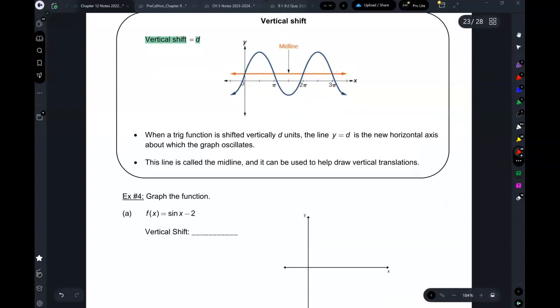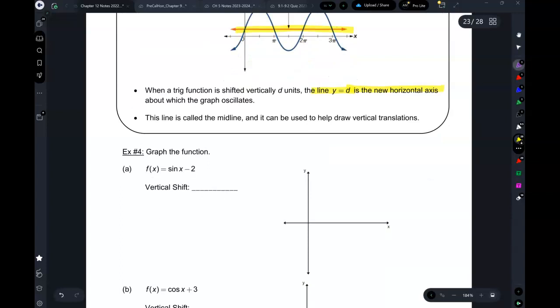So, when you have a vertical shift, the line y equals d becomes the new horizontal axis, right? There is a new axis of oscillation. This is called a midline. I like to use the word axis of oscillation. Whatever, this is not a deal breaker. Okay, so sine of x minus 2.